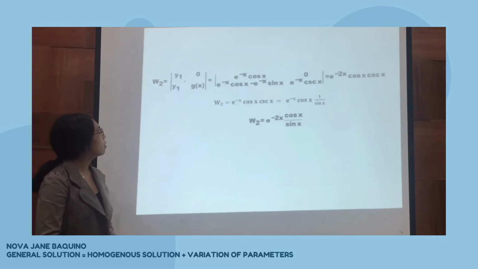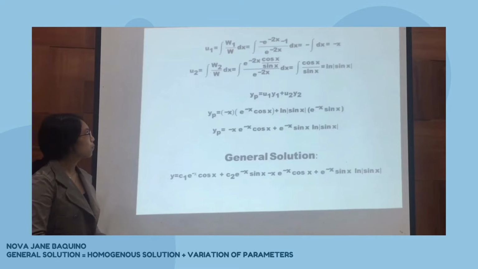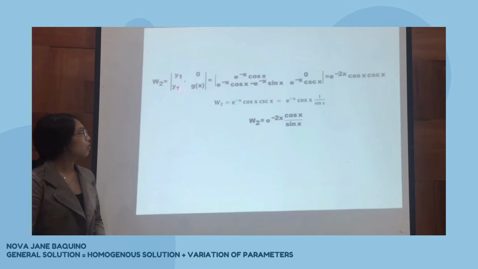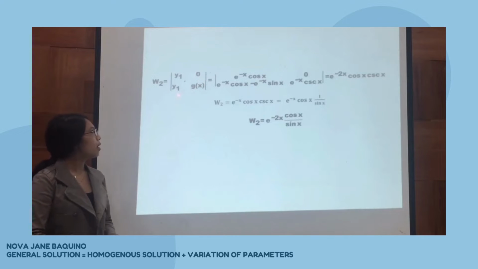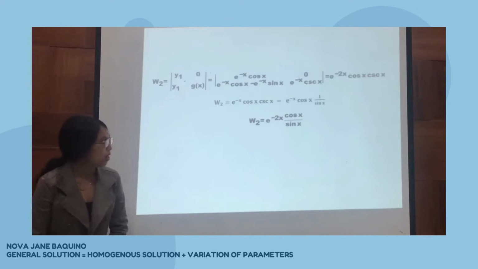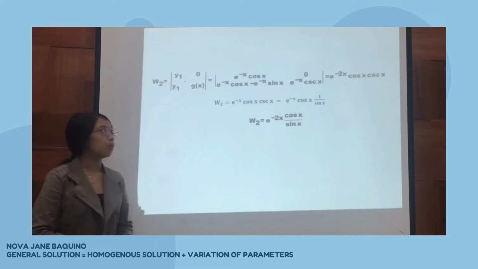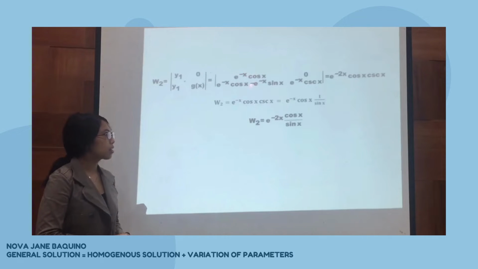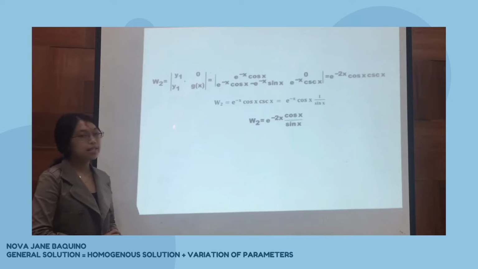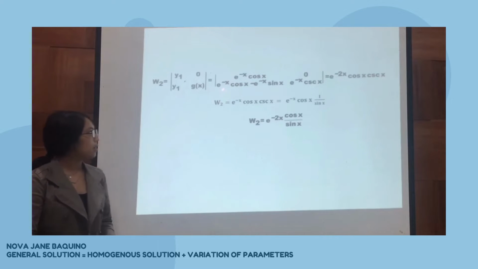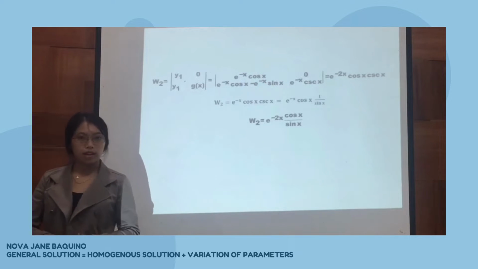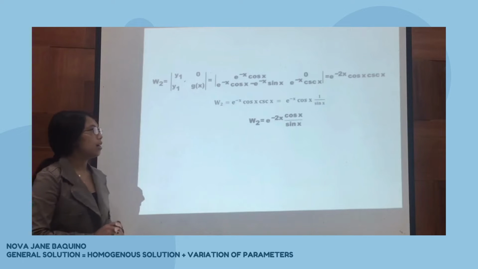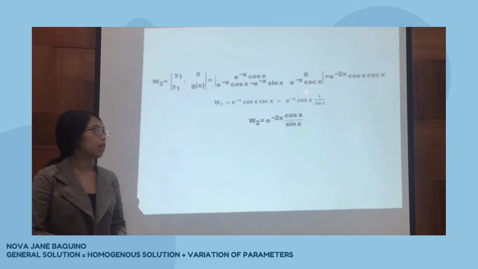So we have W sub 2, which is the determinant of y sub 1, 0, y sub 1 prime, and g of x. The value of y sub 1 is e to the negative x cosine x, and y sub 1 prime is e to the negative x cosine x, negative e to the negative x sine x. And we have the value of g of x, which is e to the negative x cosecant x.